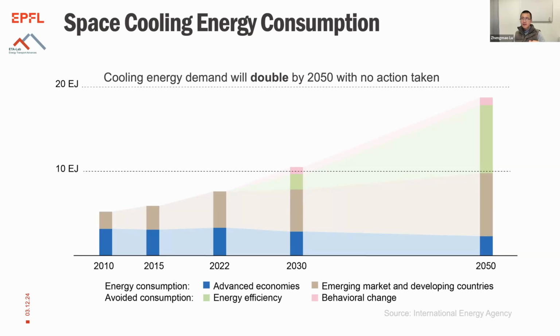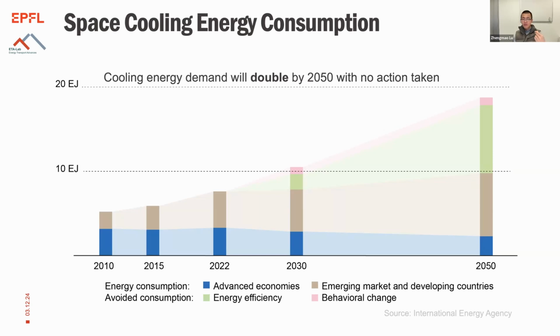And the thing about cooling is it can fuel a vicious cycle. If you have increasingly high cooling demand, you will build more air conditioners, for example, and this can incur more carbon emissions, which may accelerate global warming, which will make your cooling demand increase more. So apparently we have to do something to address this vicious cycle.